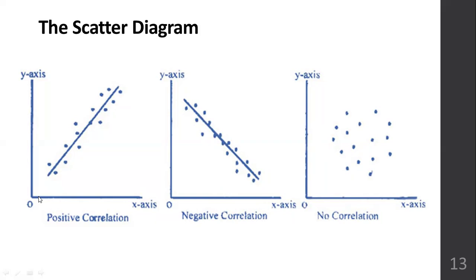And the final example, no correlation, is when the scatter diagram is just scattered around. There is nothing showing a positive or a negative correlation. You can't find a line moving upwards or downwards. Everything is just scattered all around. You can't make any guess from this diagram.